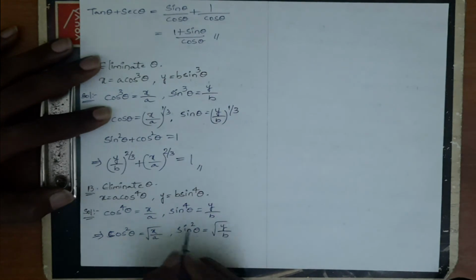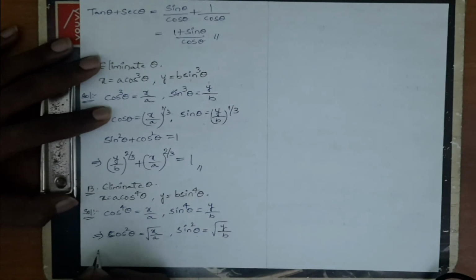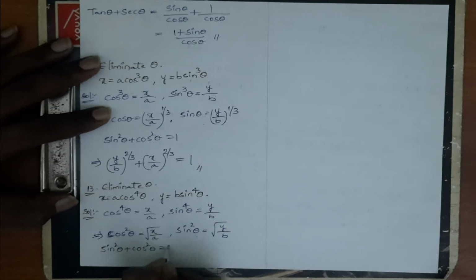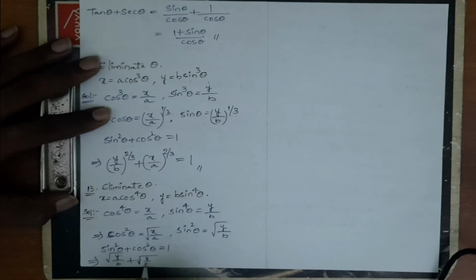We are transferring this square onto the right hand side, and it becomes root. Here also we are transferring the square onto the right hand side, and it becomes root. So we have the same result, sin square theta plus cos square theta equal to 1. That implies root of y by b plus root of x by a equals 1. So theta is eliminated.